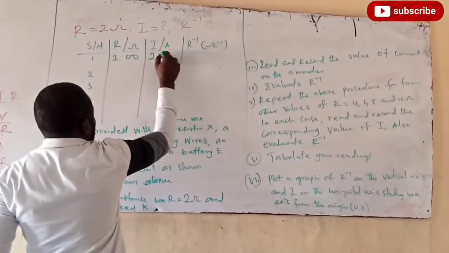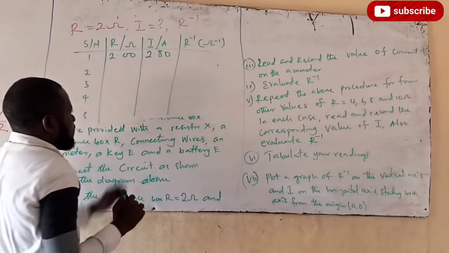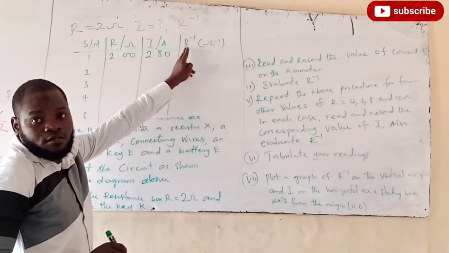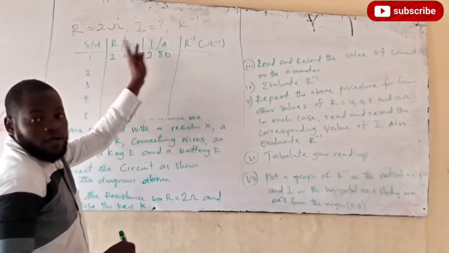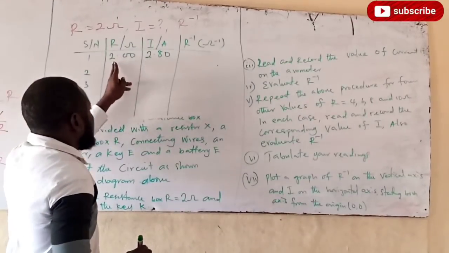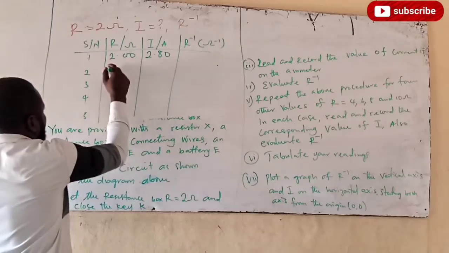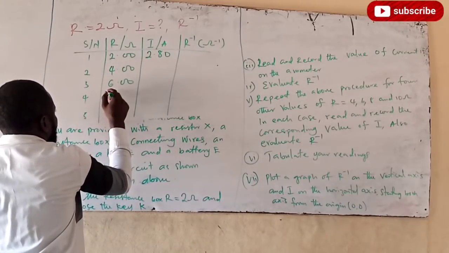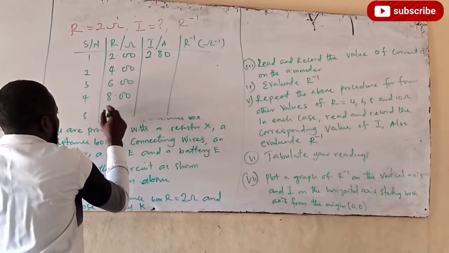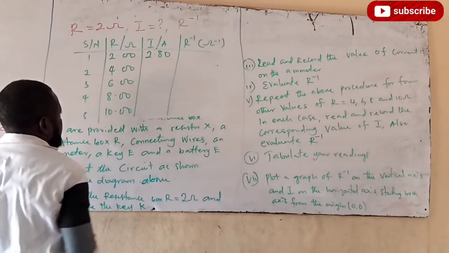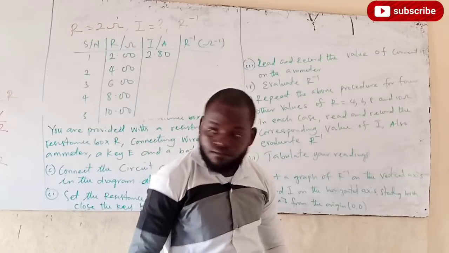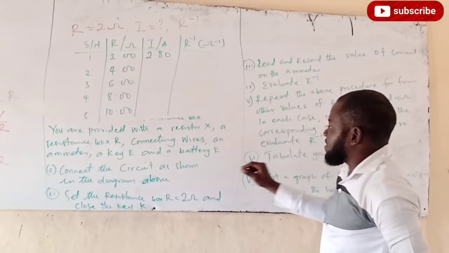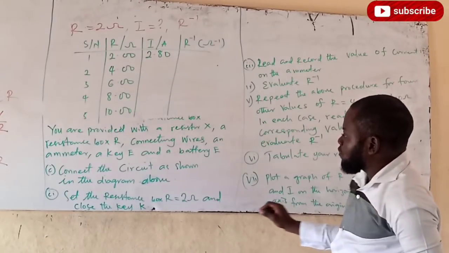Ammeter reads 2.80. Forget about R inverse now. It's something we are going to get with our calculator. So let's go on. Next is 4 ohms, that's 4.00, then 6.00, 8.00, and 10.00.